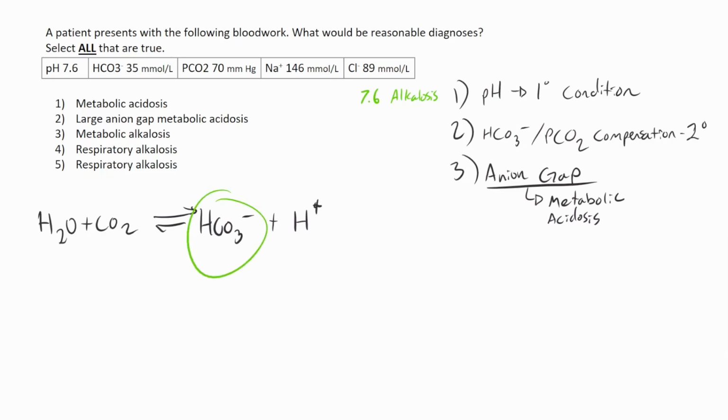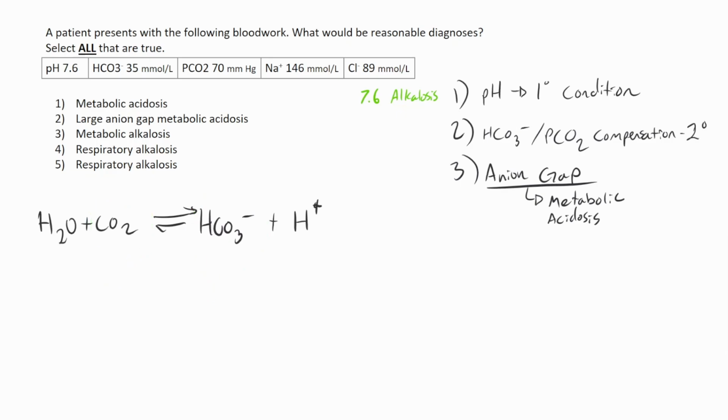Our bicarb and our CO2 are our levers. It's what our body regulates. The bicarb is regulated by the kidneys. The CO2 is regulated by the lungs. We can increase bicarb reabsorption in the kidneys, putting it in the blood, or we can increase respiration in the lungs, decreasing our CO2 load.